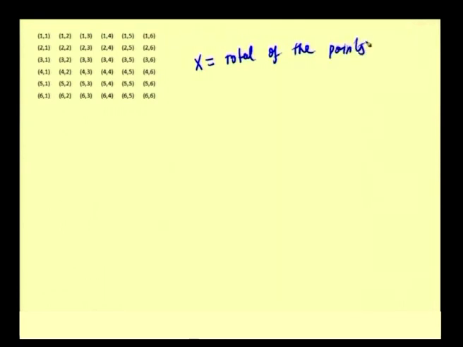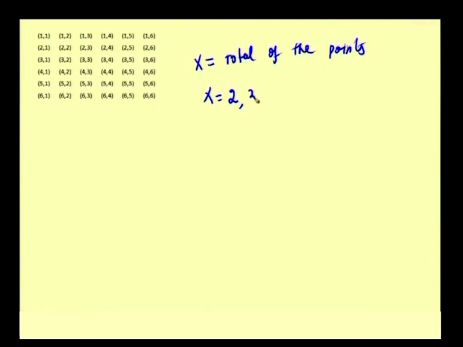Looking at the sample space, the points start with (1,1) and end up with (6,6). So, the first starting point is (1,1). When you add 1 and 1, it becomes 2. So, your x value starts from x equal to 2, which is 1 plus 1, then 1 plus 2, 3, like that when you add, starting with (1,1), ending up with (6,6).